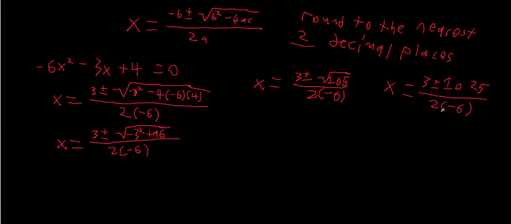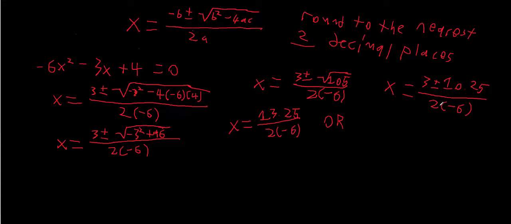So let's do 3 plus 10.25, which would give you 13.25. So x equals 13.25 over 2 times negative 6, or we could do minus 10.25. So let's do that. The calculator here, 10.25 minus 3.